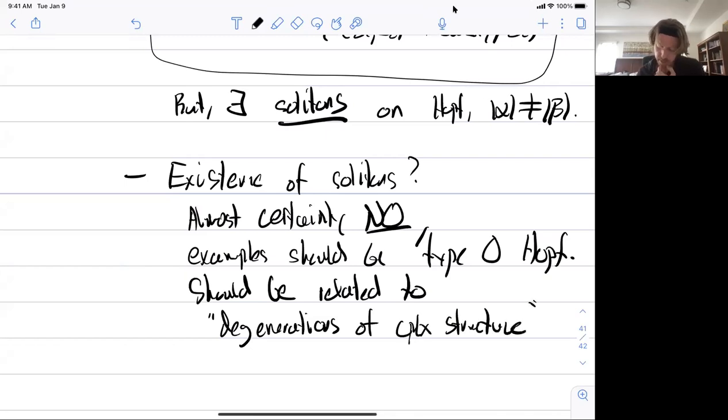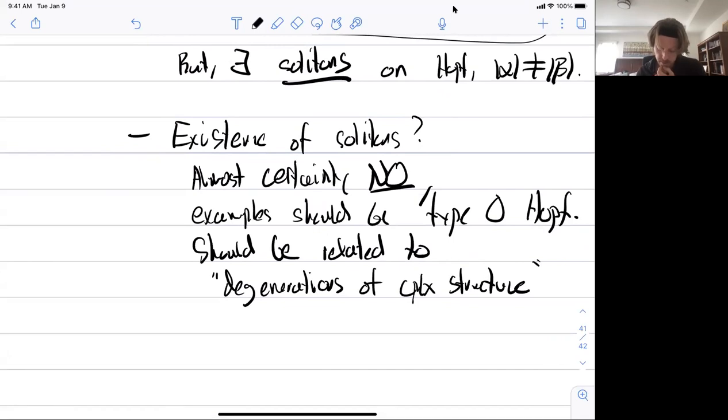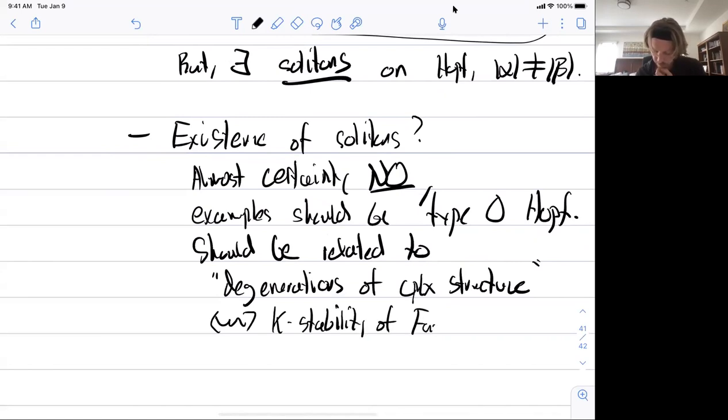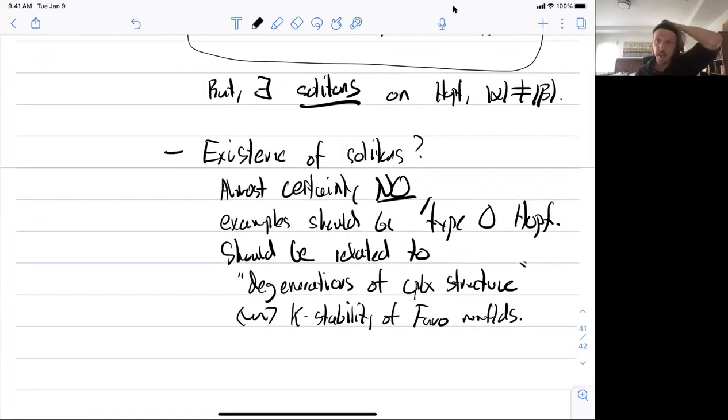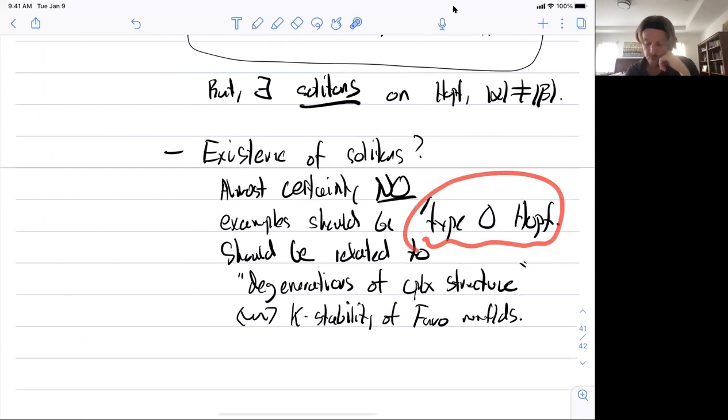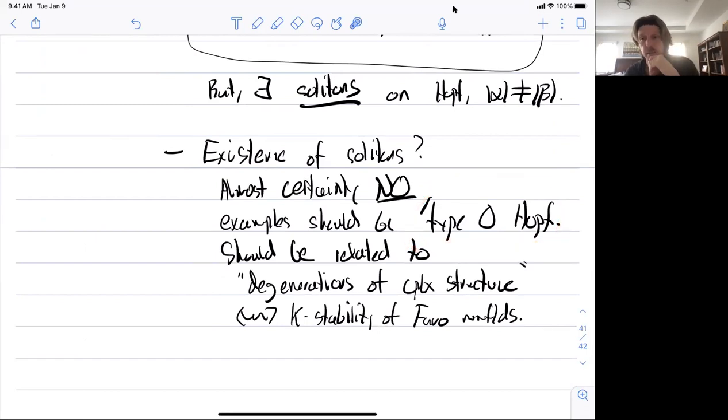In other words, it should be a story related to the story of K-stability of Fano manifolds. So again, this is definitely highly conjectural. What I think is probably provable is that these type 0 Hopf surfaces do not even admit solitons.